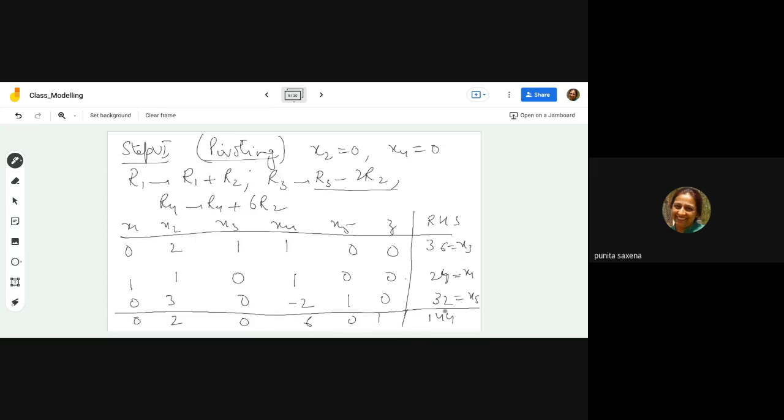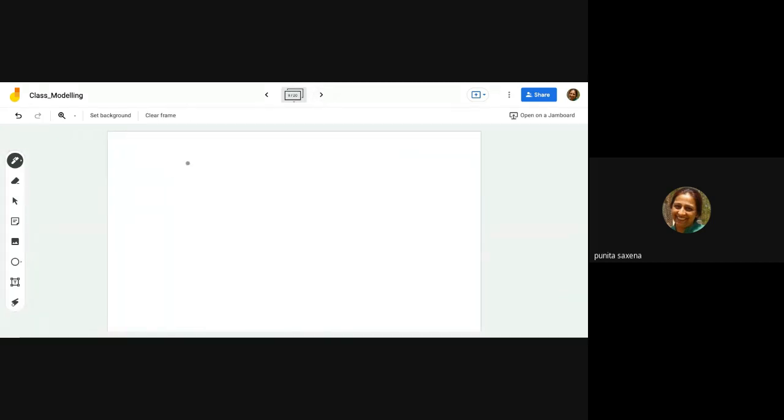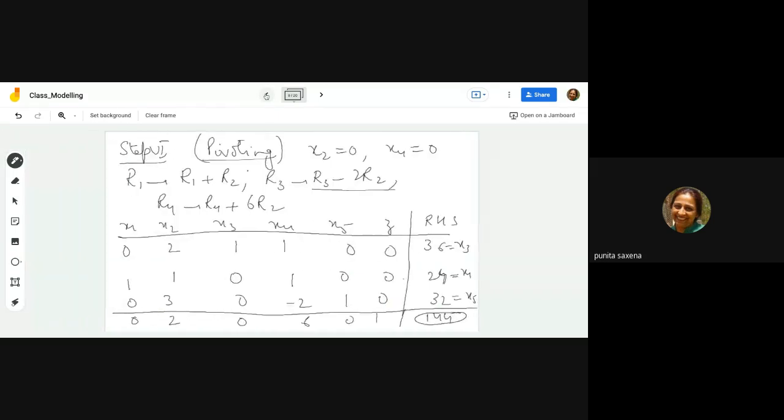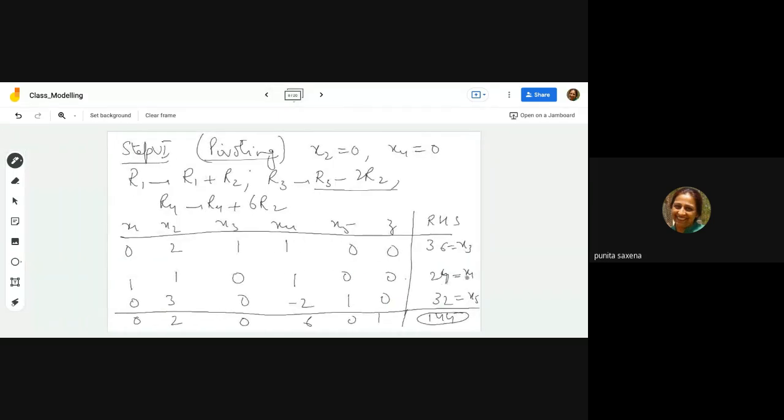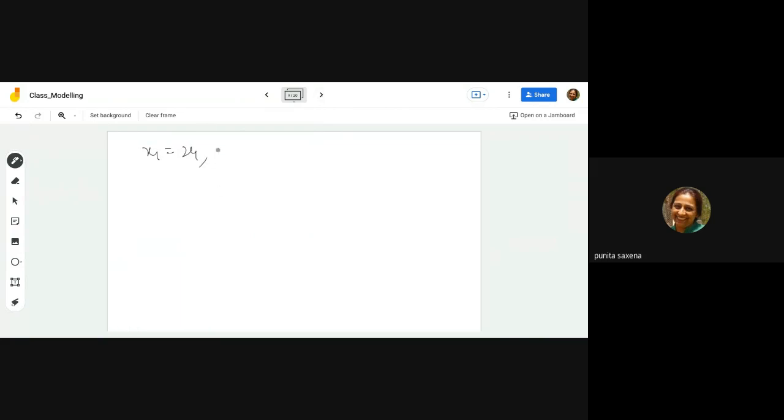If you just look at this value, this is your maximum value of z. This is your optimal z. From this table, what you are getting here is x1 equal to 24. You had 5 variables: x1, x2, x3, x4, and x5.